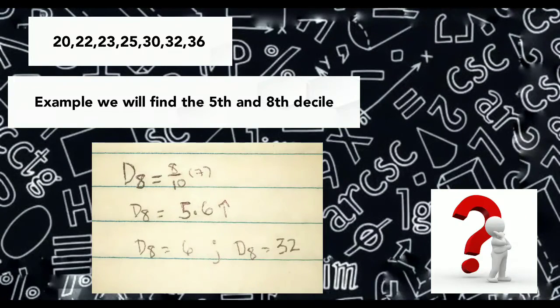So we will have d sub 8 is equal to 8 over 10 multiplied by 7, and that is equal to 5.6. And we need to round up to get the decile. So 5.6 will become 6. So the d sub 8 is equal to the 6th term. Therefore, our d sub 8 is 32.